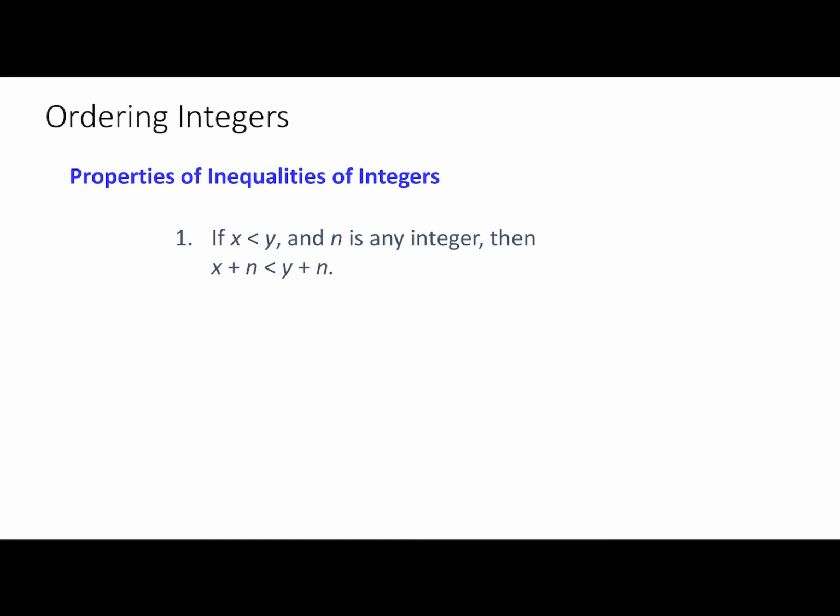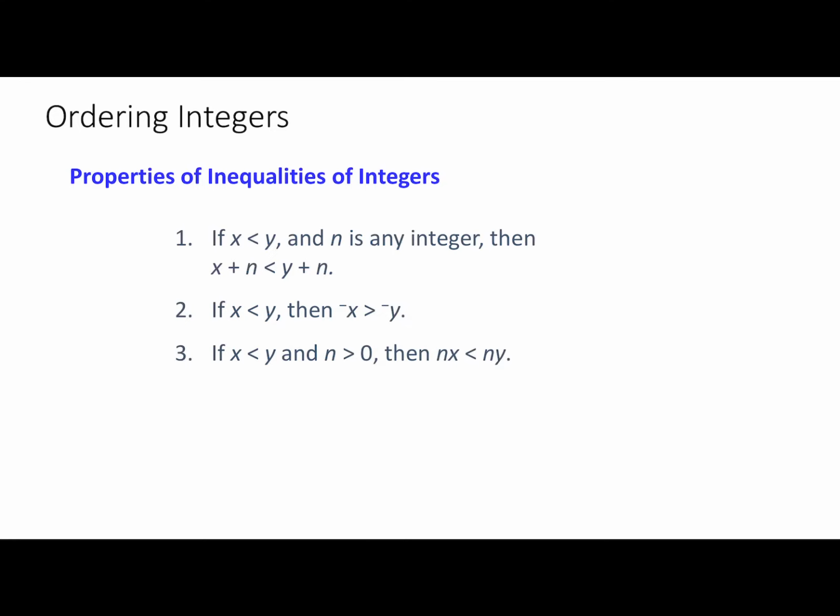So here are some properties of inequalities of integers. If I have x is less than y and n is any integer, then I can add n to x and y, and the inequality is preserved. So x plus n is less than y plus n. If x is less than y, then if I look at their negatives, negative x is going to be greater than negative y.